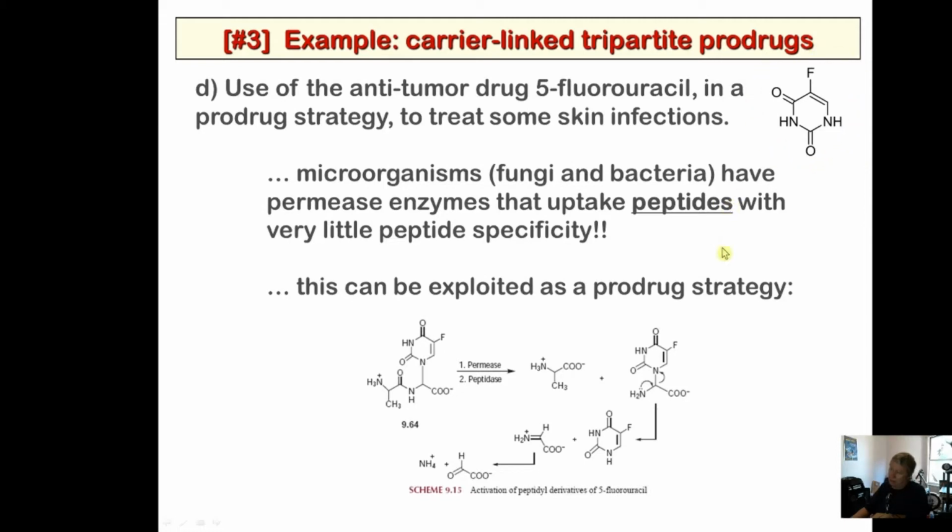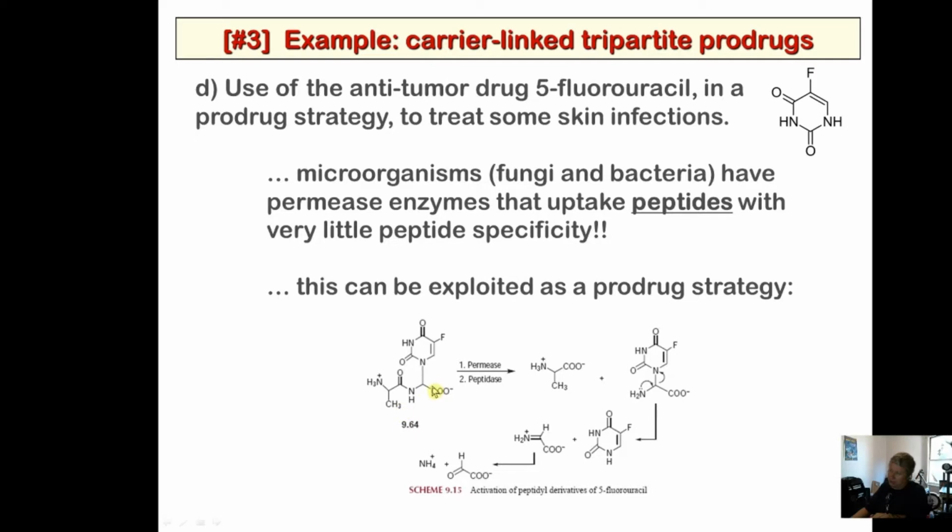And as a prodrug, the idea was that it could be connected to a peptidal backbone, remembering that bacteria and fungi have enzymes called permeases, and they non-selectively just uptake peptide-looking things, like this with this alanine on there.